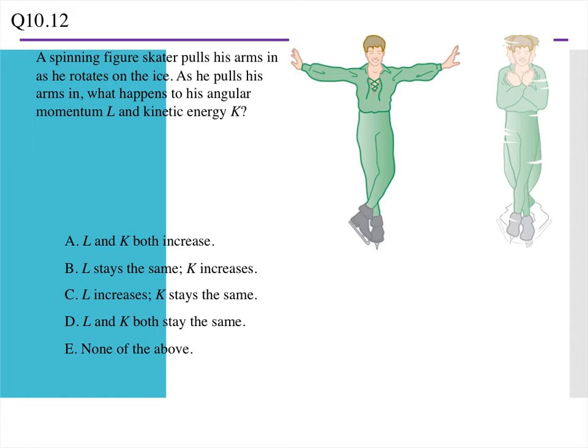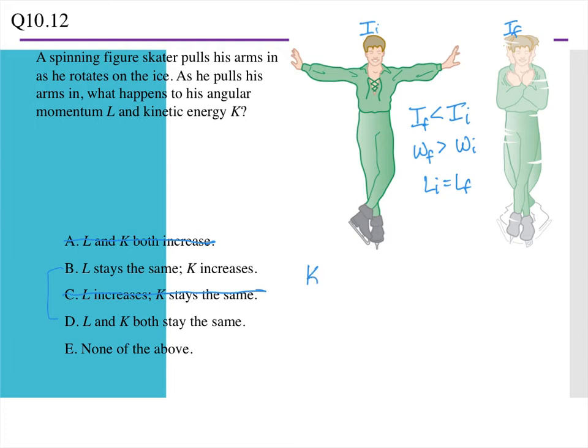We know that if he has some initial moment of inertia and some final moment of inertia, his final moment of inertia is less than it was initially, so he's going to be increasing his spin. And that is, through the conservation of angular momentum, how we know that. So we basically know that this cannot be an answer, and this cannot be an answer. So is it B or D?